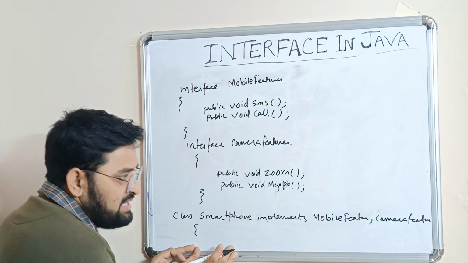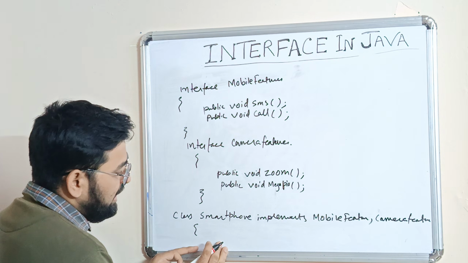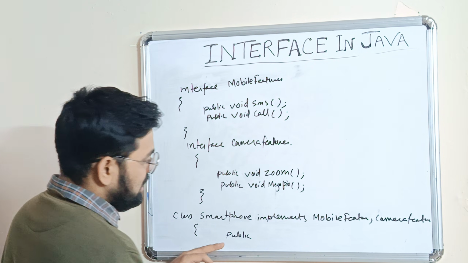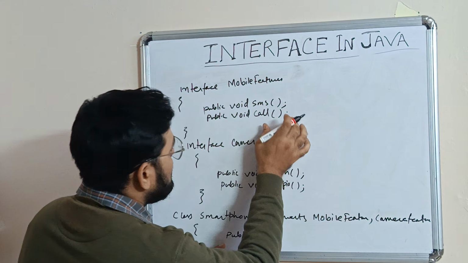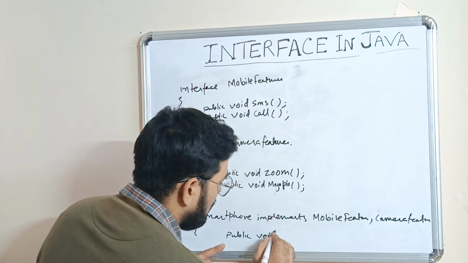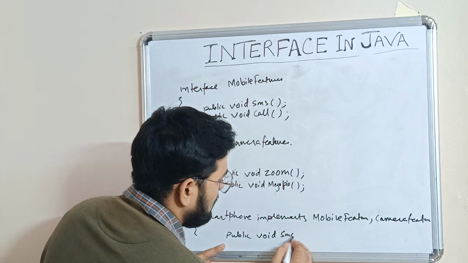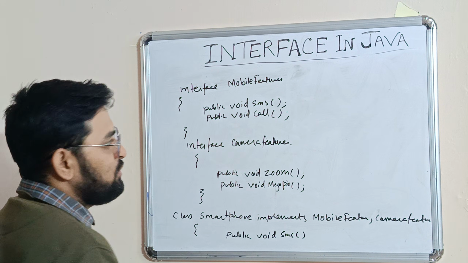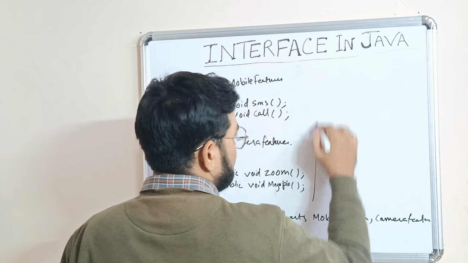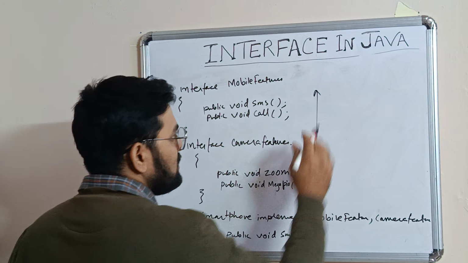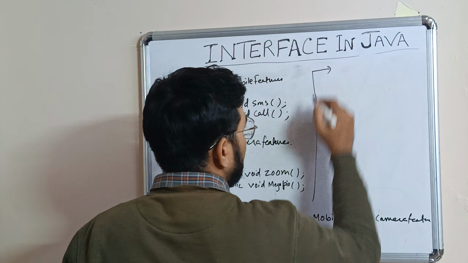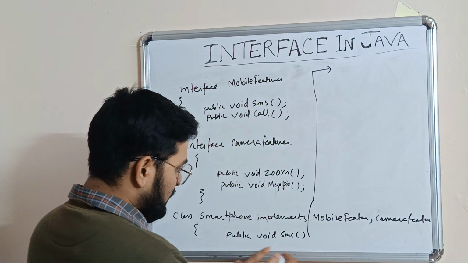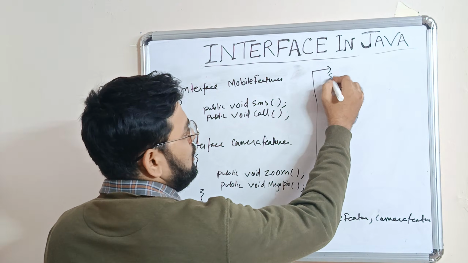Now inside this, you can create the body of the class. Let's assume public void SMS. This is the function. You don't have to write the semicolon here. What you will do is write the body of the method.